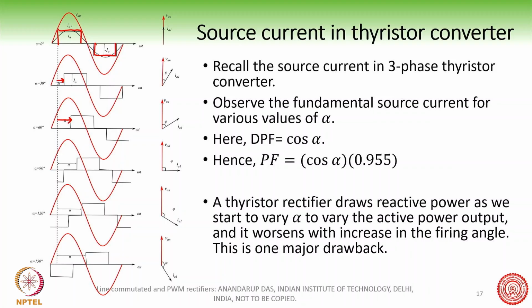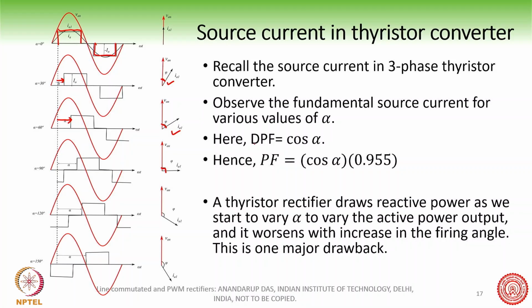But what happens at the input side is that the input current, which is a quasi square wave, is shifting with respect to the input voltage, right? This shift is denoted by these phasors between the fundamental grid voltage and the grid current which is drawn by the thyristor converter.